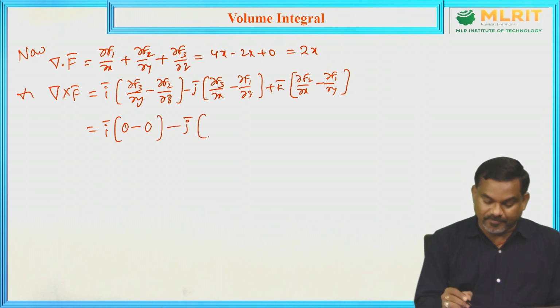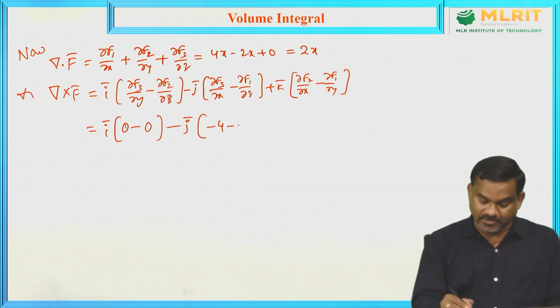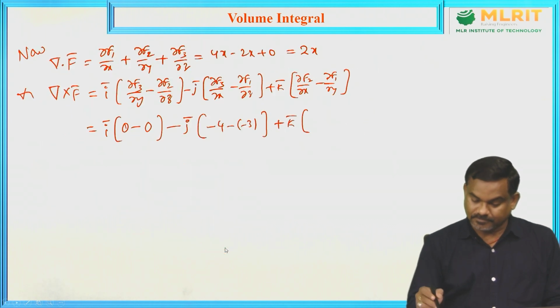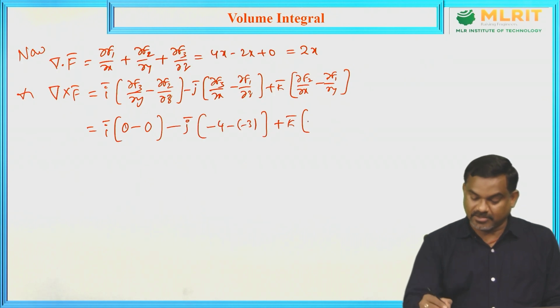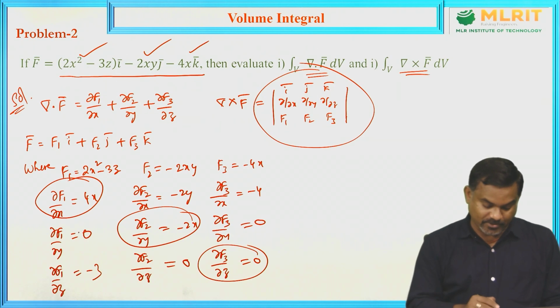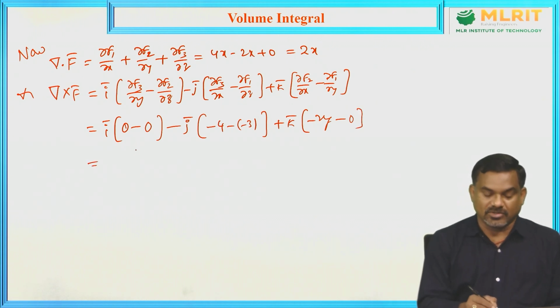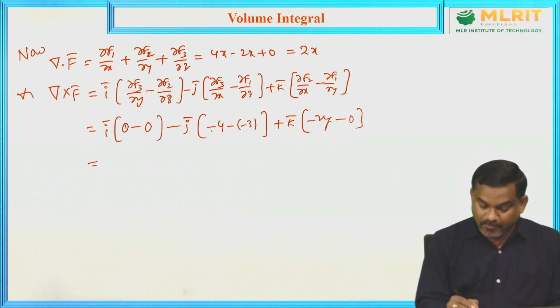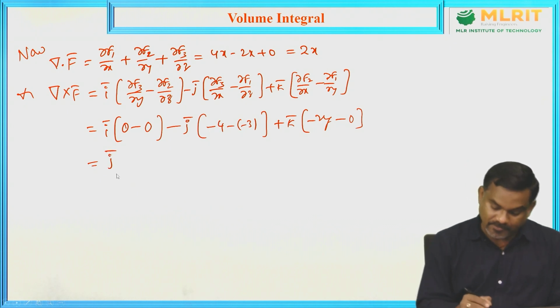Minus j bar, f3 with respect to x, minus 4, f1 with respect to z, minus 3, plus k bar into f2 with respect to x, minus 2y, f1 with respect to y, 0. Hence, there is no x component, so the i bar term will not be there. Minus 4 plus 3, minus 1 into j bar, minus 2y k bar.